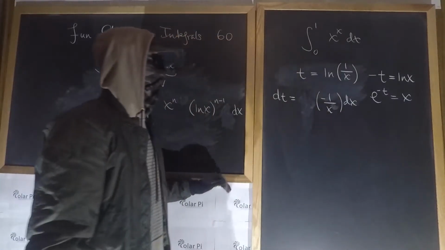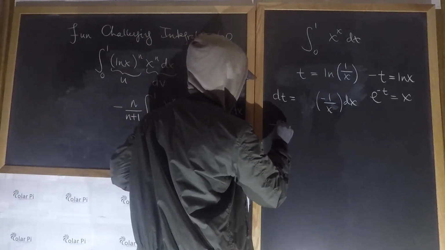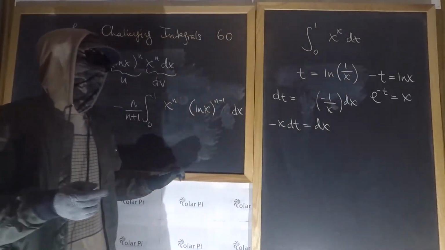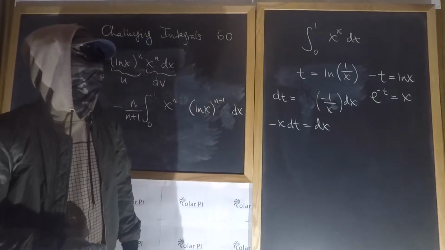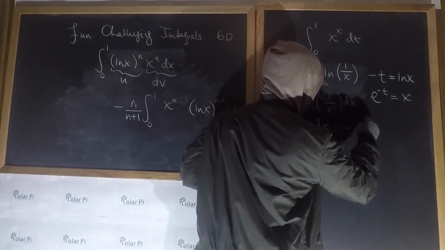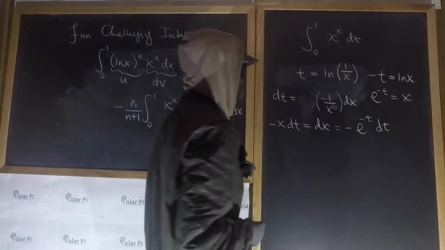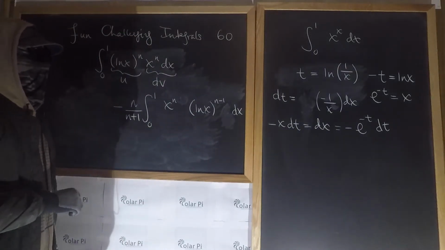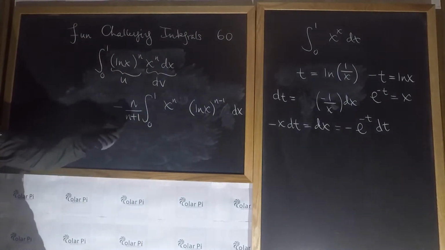And now I see that negative x times dt is equal to dx. But then I notice x is e to the negative t. So dx is really negative e to the negative t times dt. Like that, right?